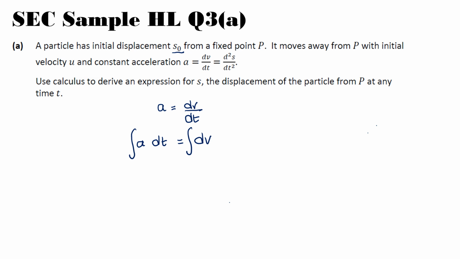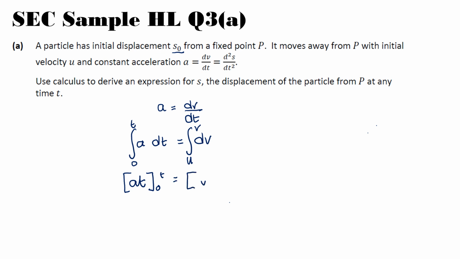So when we put our limits of integration here, when time is 0, our velocity is the initial velocity, which we label u. And when time is t, so at some point in the future, we have the final velocity, which we have the letter v for. So then on the left-hand side, we get at, and we're going to evaluate that between 0 and t.